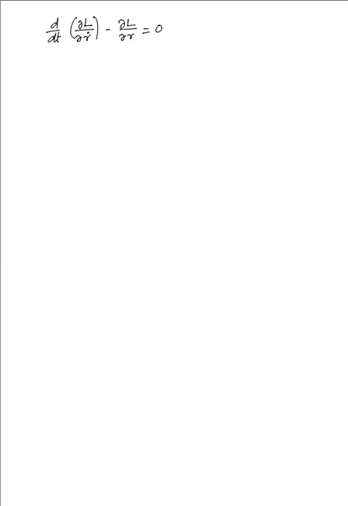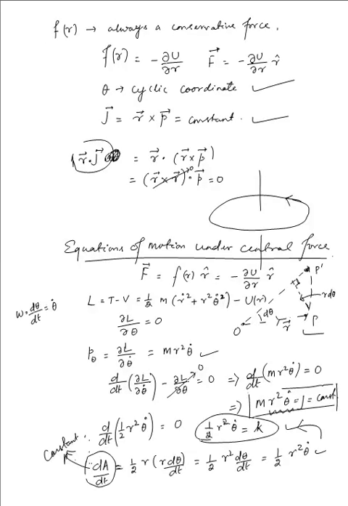Del L by del r dot, as you can see in that Lagrangian that we had just written in the previous page, for this expression that we have for the Lagrangian, that is L equals T minus V, with half m r dot squared, taking the derivative with respect to r dot, we get simply m r dot.